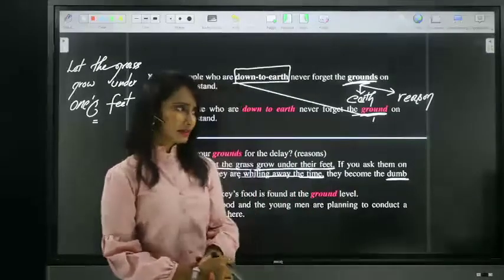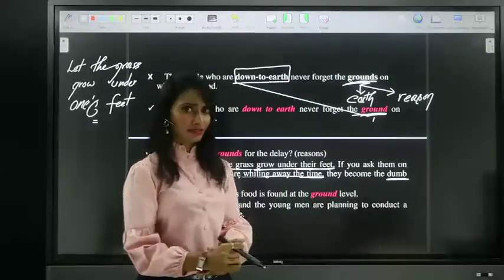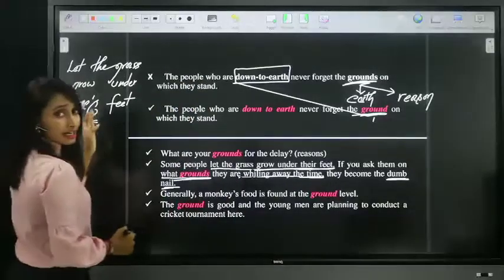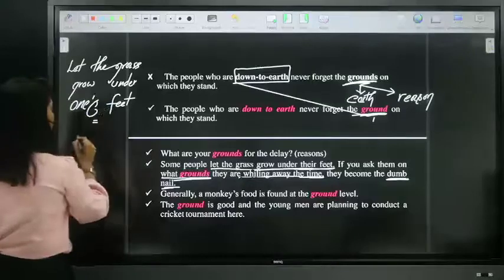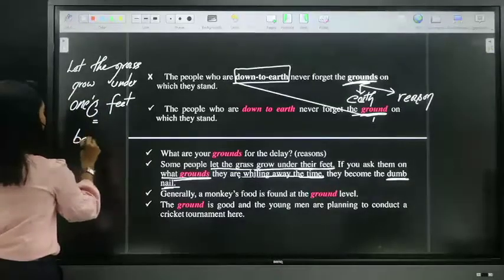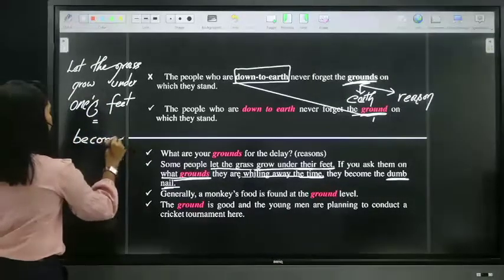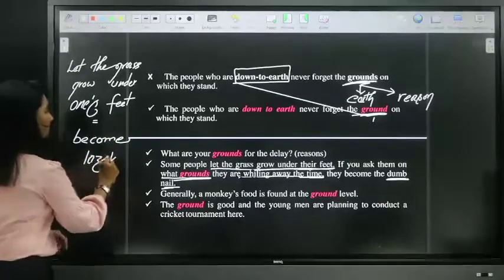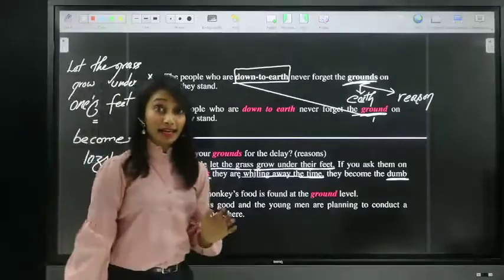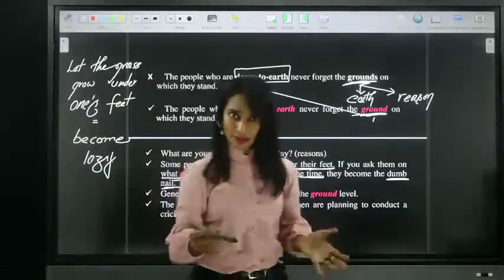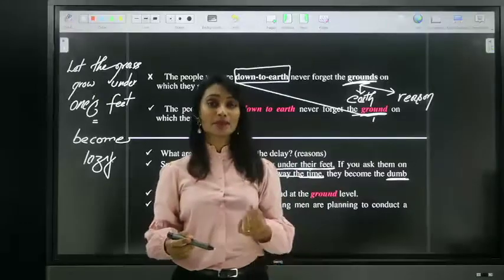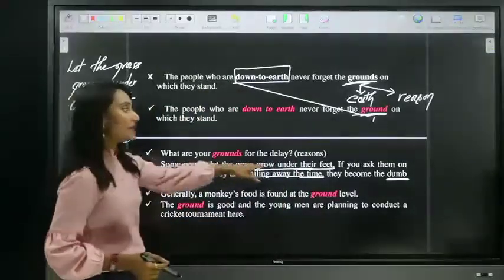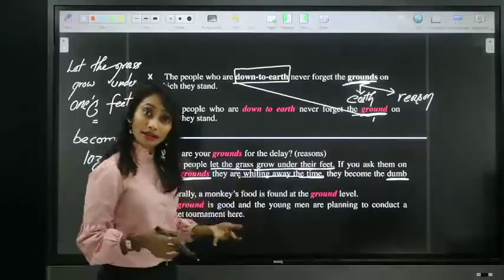Near, but not clear. So the actual meaning for let the grass grow under one's feet is to become lazy. So some people become lazy. Let the grass grow under their feet.